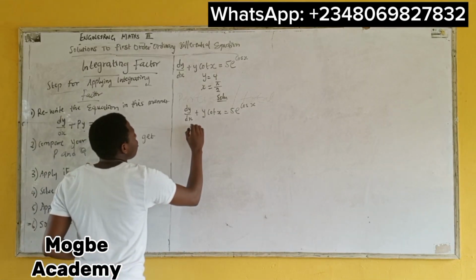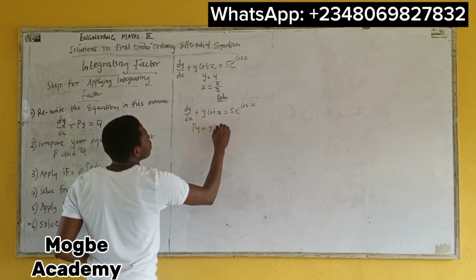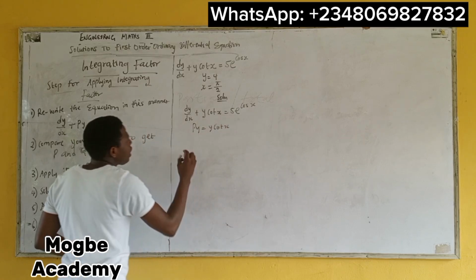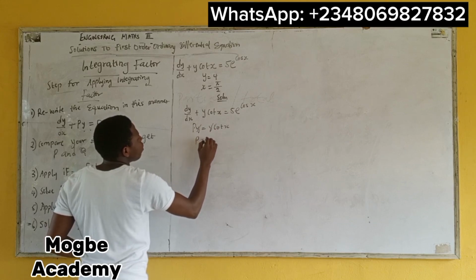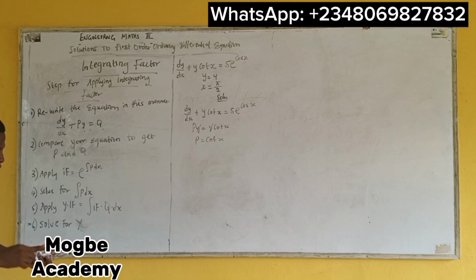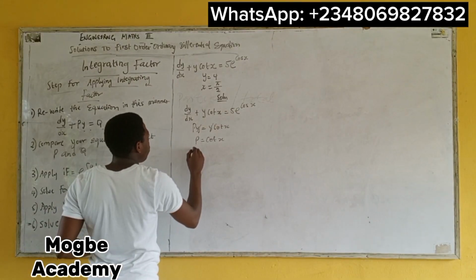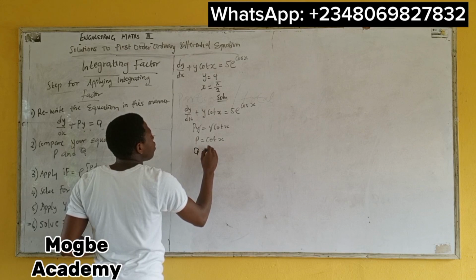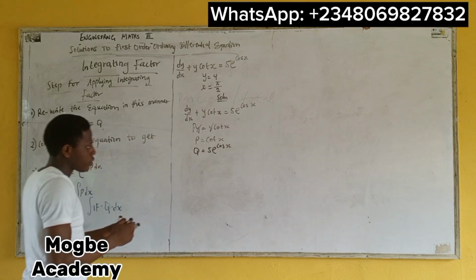P times y is y cos x, so y cancels y, and p is equal to cos x. Then q is the other side of the equation, so q is equal to 5 e^(cos x).